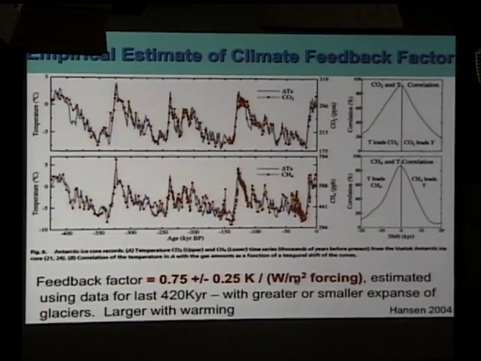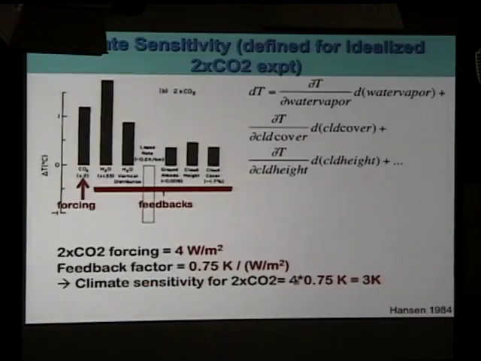Okay, so now you come back, and the way it is done is that you can now estimate something called climate sensitivity. Climate sensitivity, everyone uses, it's just partial derivatives. You have the total temperature, and you ask, what is the total temperature as a function of water vapor, changes in water vapor, cloud cover, cloud height, et cetera. So then you can do this calculation, and when we did this it was 1984.